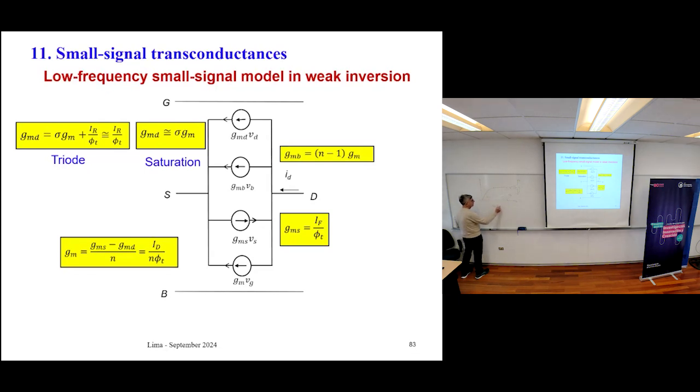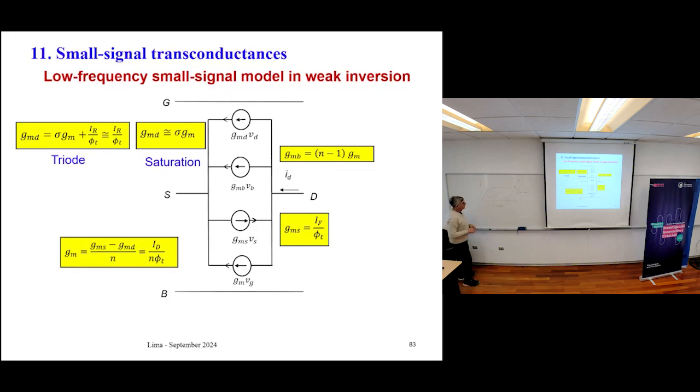And then IF is a function of VG and VS. In this example, both VG and VS are equal to 0, because VB is also equal to 0, right? So in this picture, you have VG, VS, and VB equal to constants.